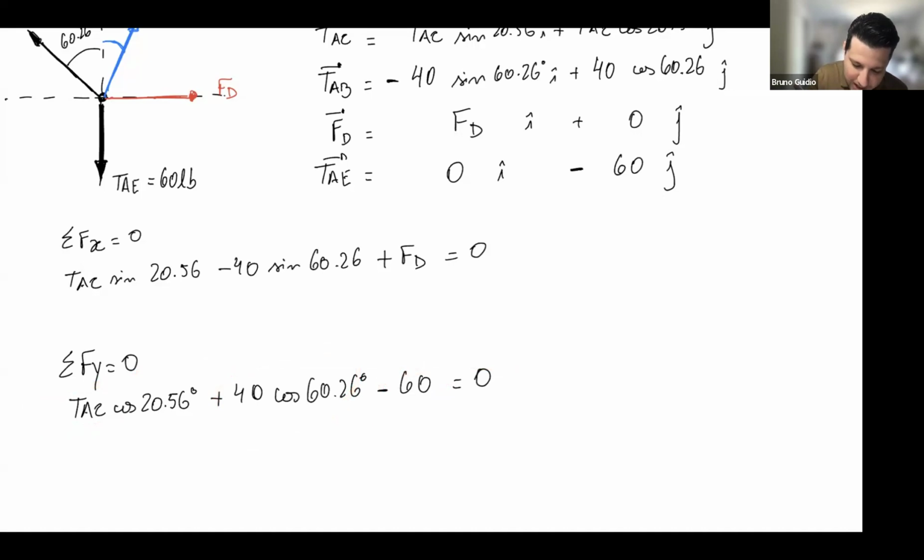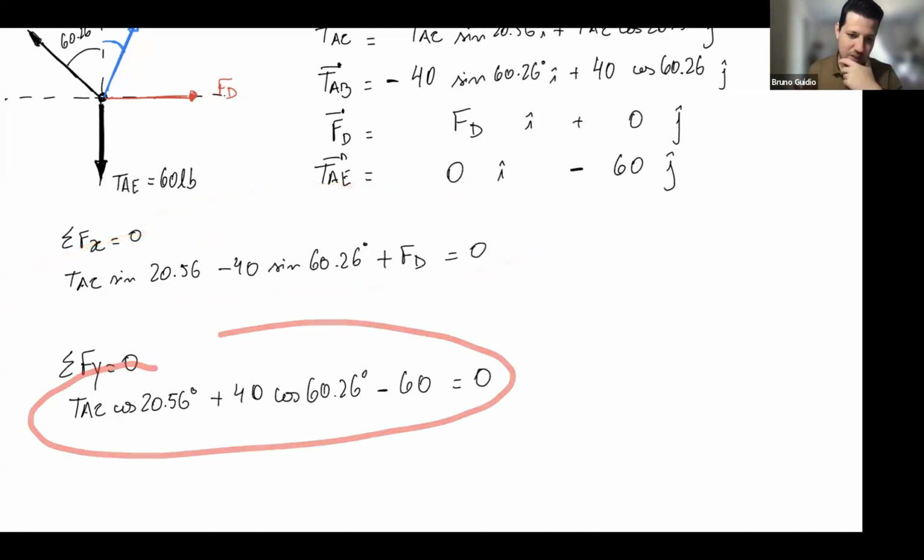We don't need a system of equations. That's why it's a good idea to write down both equations before you jump to a system of equations, before writing one variable with respect to another. This one we cannot solve directly, but this one we can.